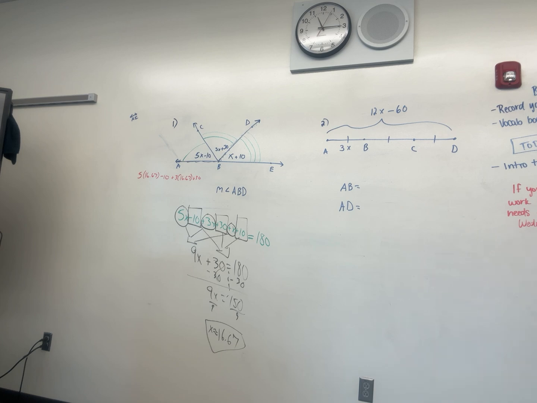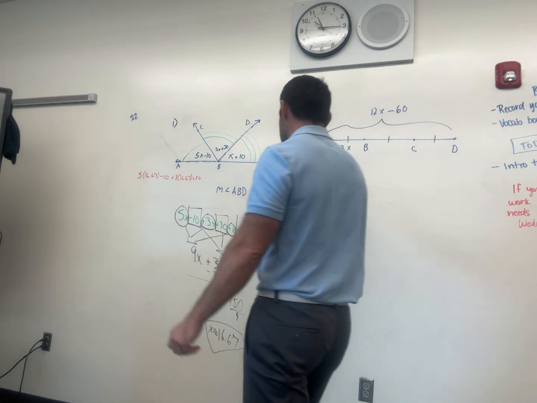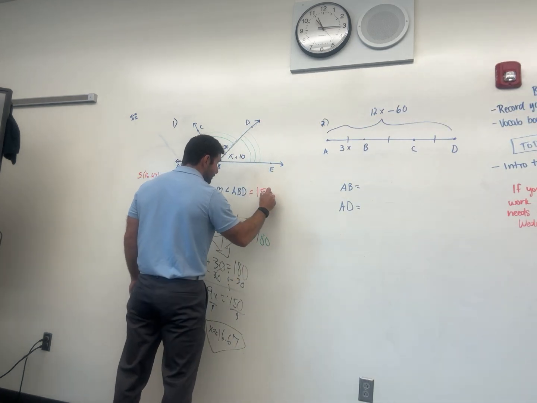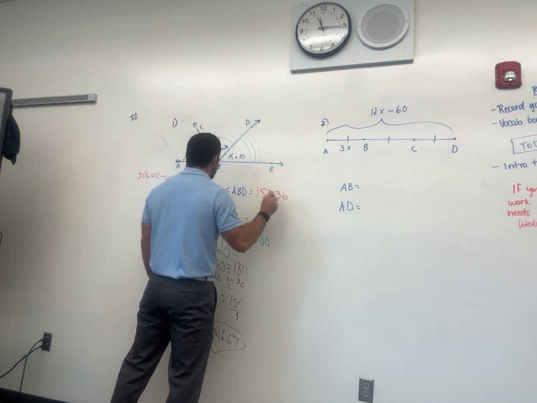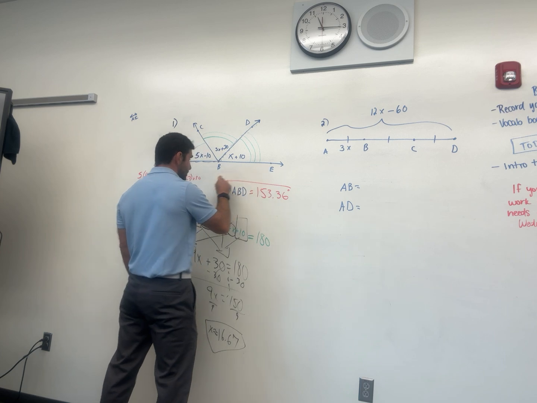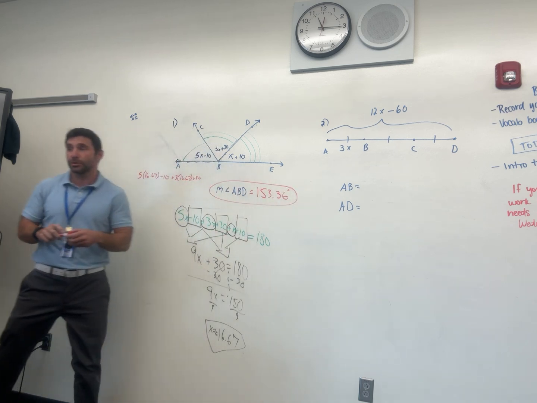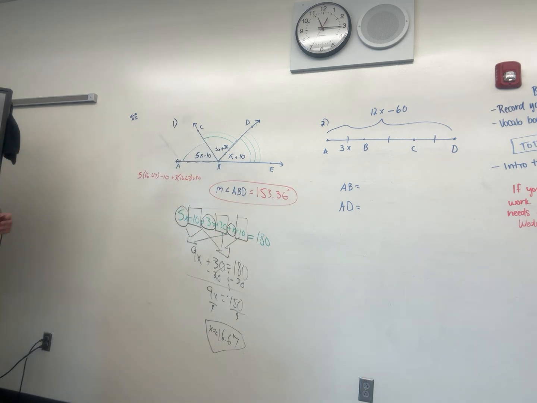Good. 5 times 16.67 minus 10 plus 3 times 16.67 plus 30. So I get 153.36 degrees, because the measure of angles are always in degrees.